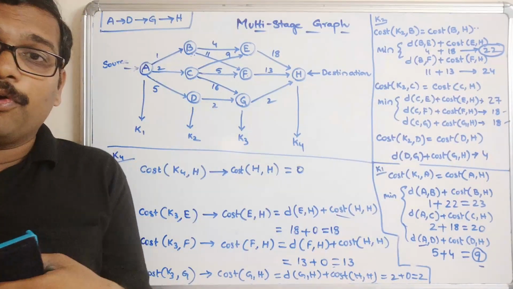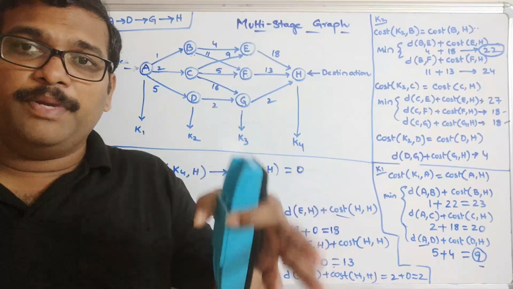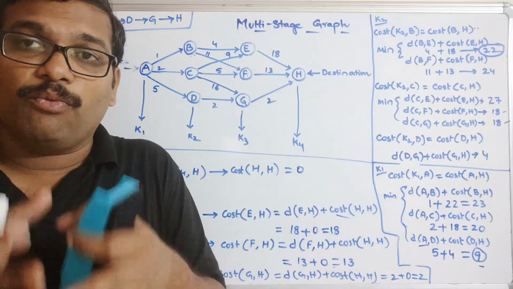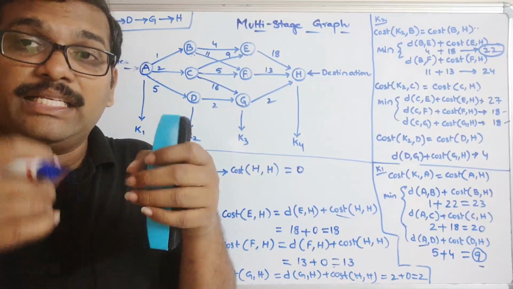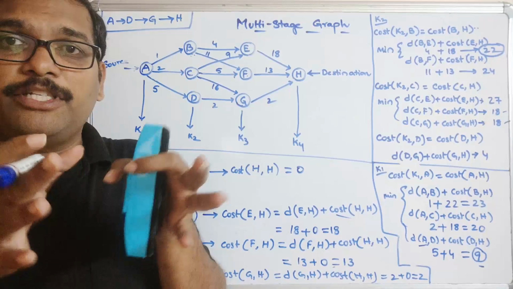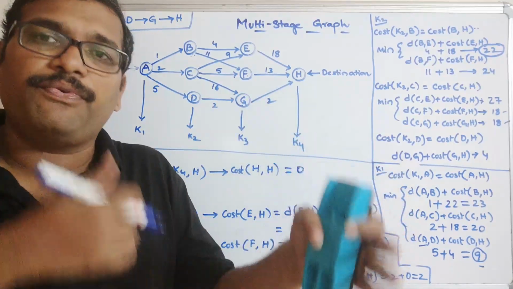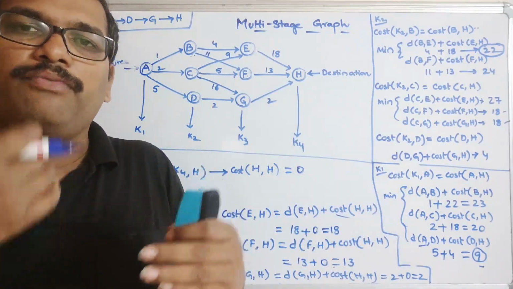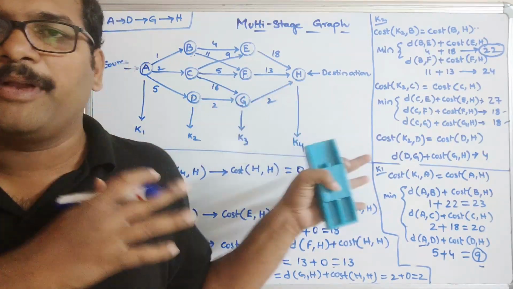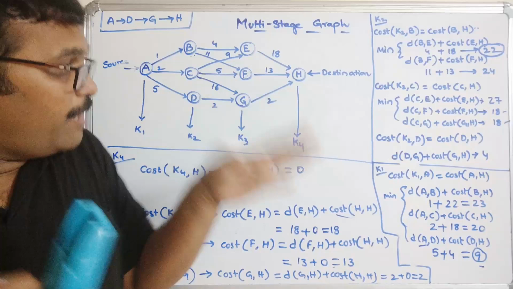In dynamic programming, the complete problem is divided into overlapping sub-problems, and each sub-problem is solved and the solution is stored in memory, so that later we can make use of that solution to get the final optimal solution. The same thing happens here.